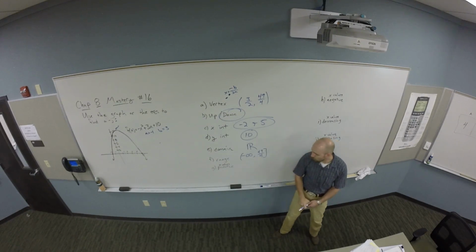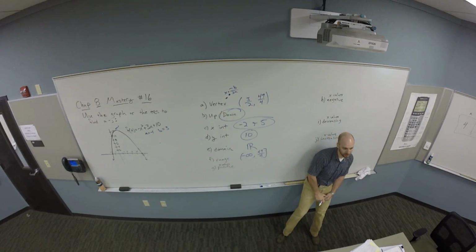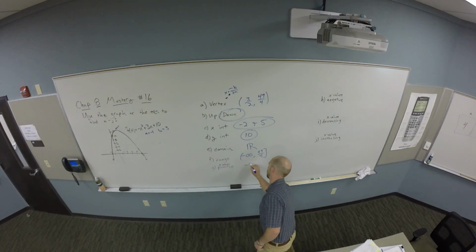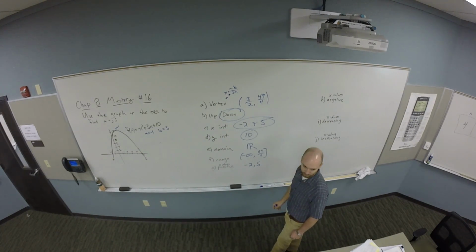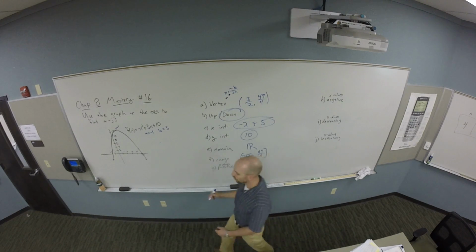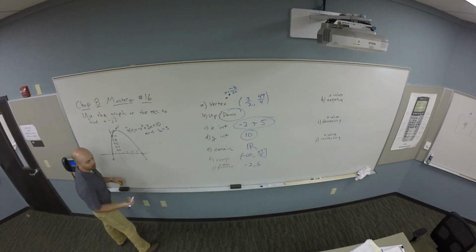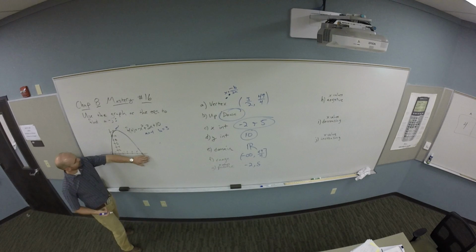How about, for what x values is this thing positive? Why is it -2 to 5? Right, because the negative 2 gets you positive. You guys see that? So I'm wondering which inputs give me positive outputs, right? Positive outputs look like things on the top half of the picture.